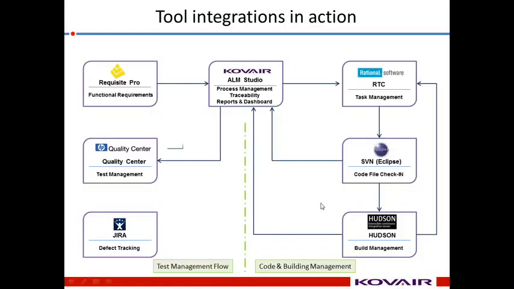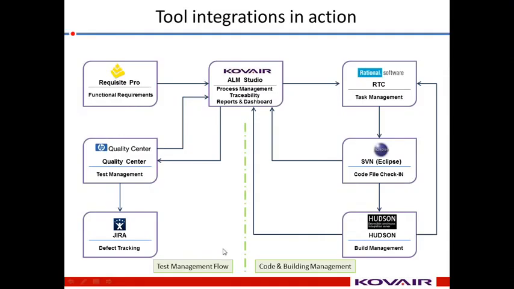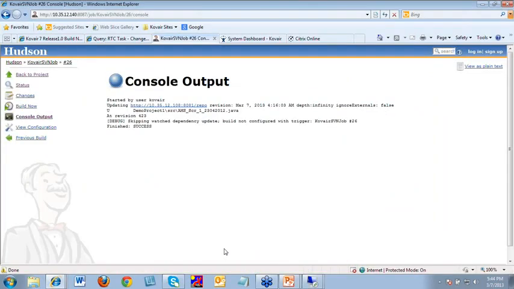So currently it's in this stage, and here you can see the defect caused due to the quality center or the test management. It's now flowing into Jira, and it's also reflected back to the Kovair ALM tool. So now taking to the Jira tool, let me log in.